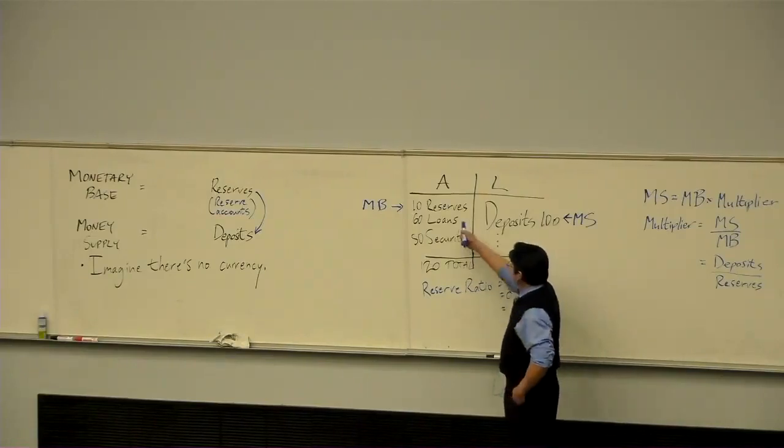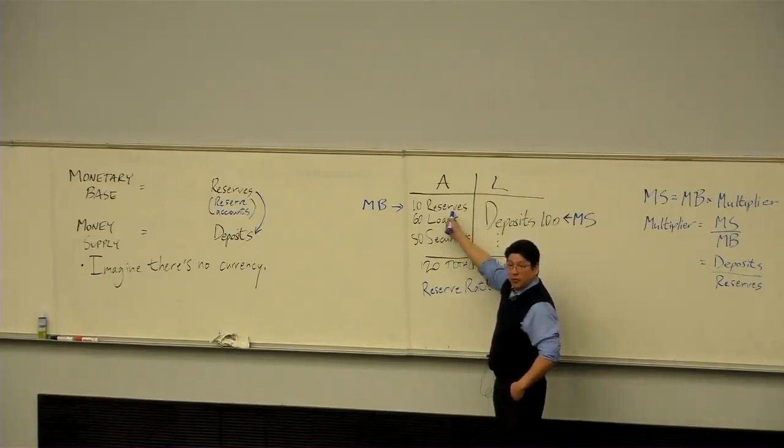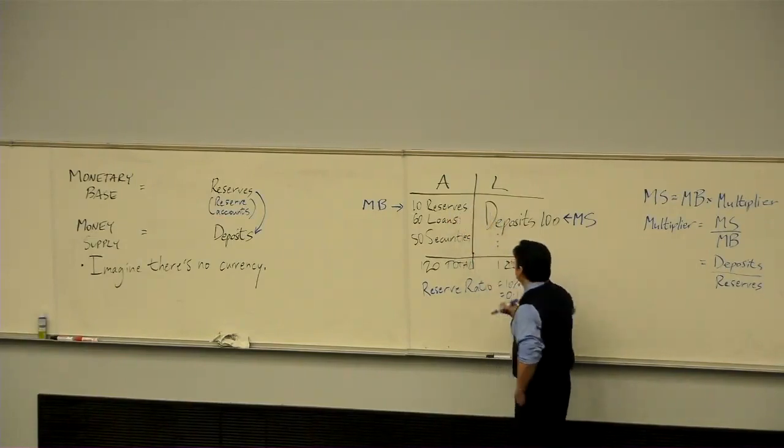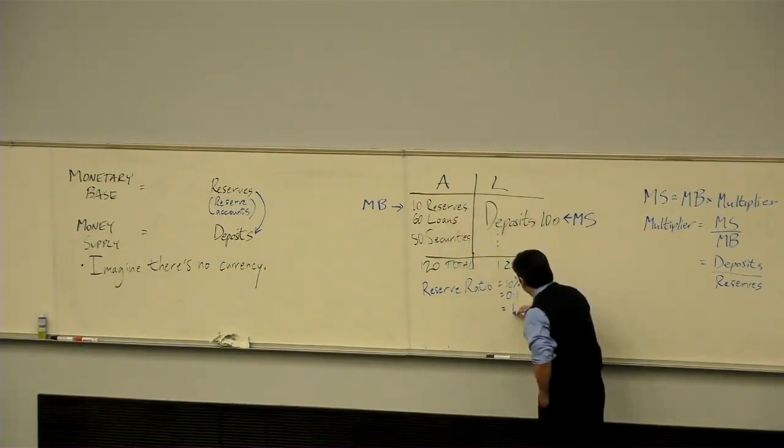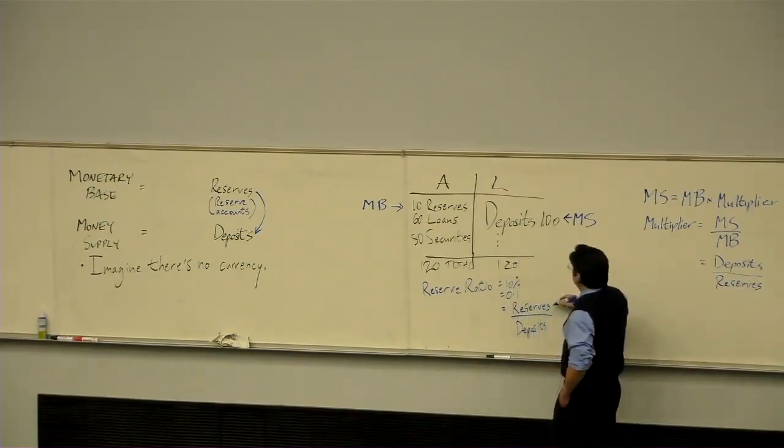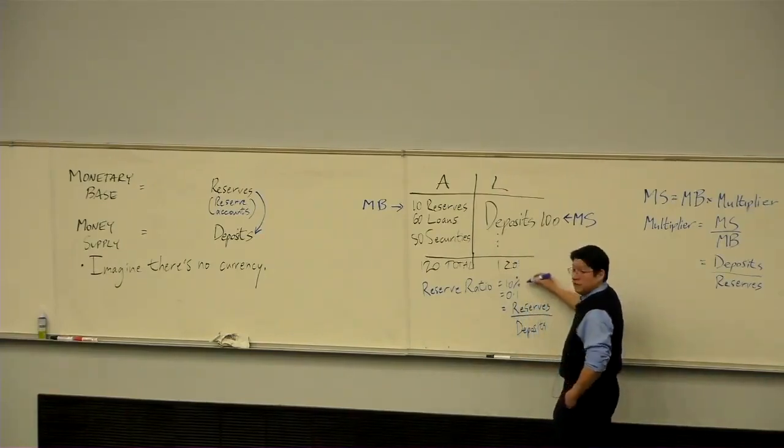Well, we saw what proportion of the deposits is in reserves. In other words, it's just simply the reserves over the deposits. We can see the reserves are 10, the deposits are 100, and that's how we get our 10%.